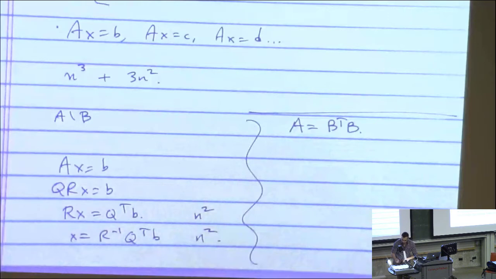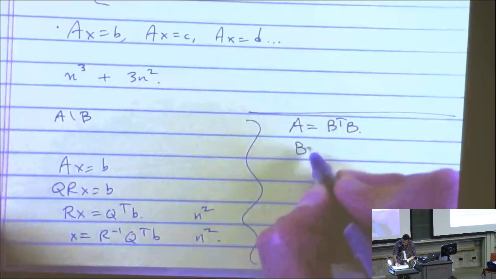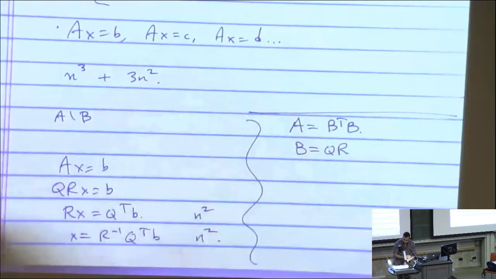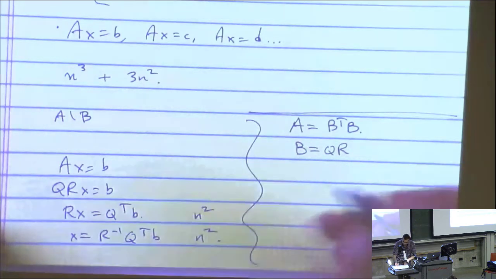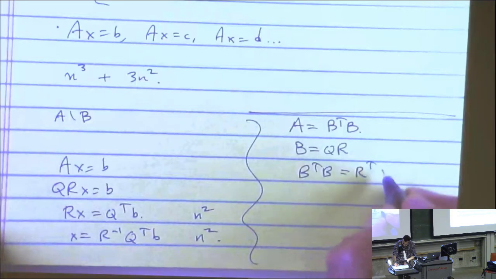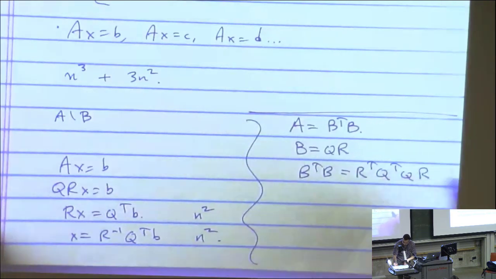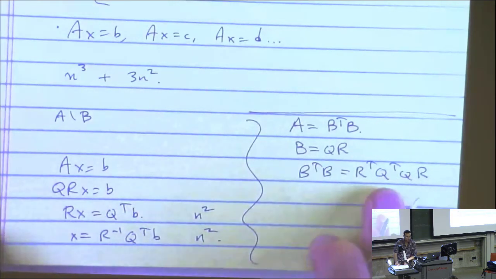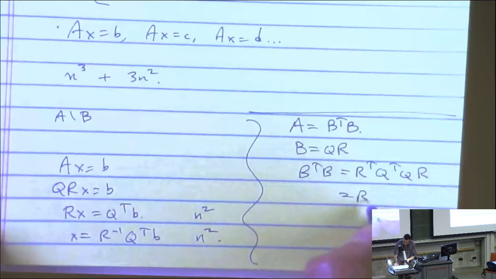And I computed a QR of B. Then B transpose B is R transpose Q transpose Q R, right? But Q is orthogonal by construction, so this is just R transpose R.